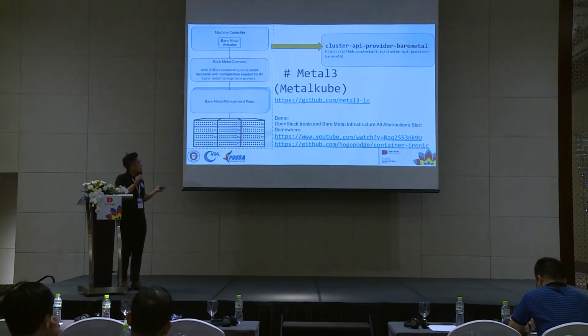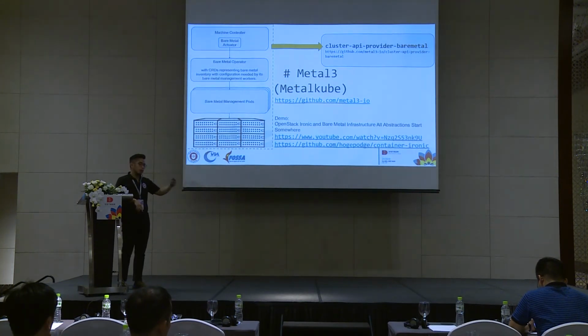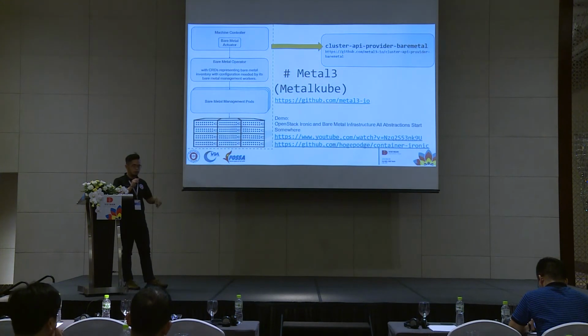Right now MetalCube is using the Machine type in Kubernetes to define machines, so if you want to use Kubernetes-native stuff, you can just pass it through to let Kubernetes itself control OpenStack.